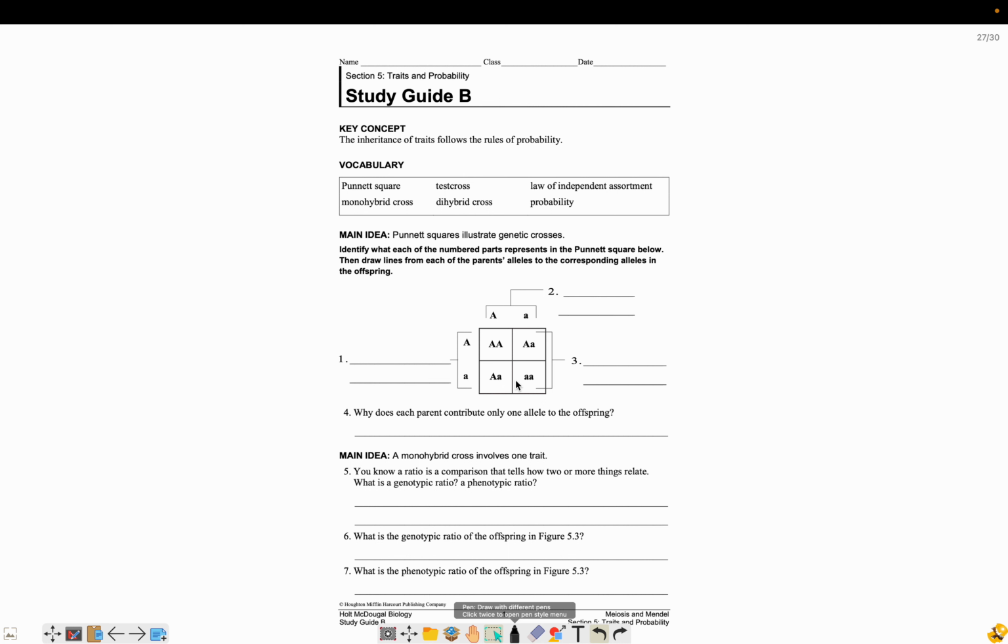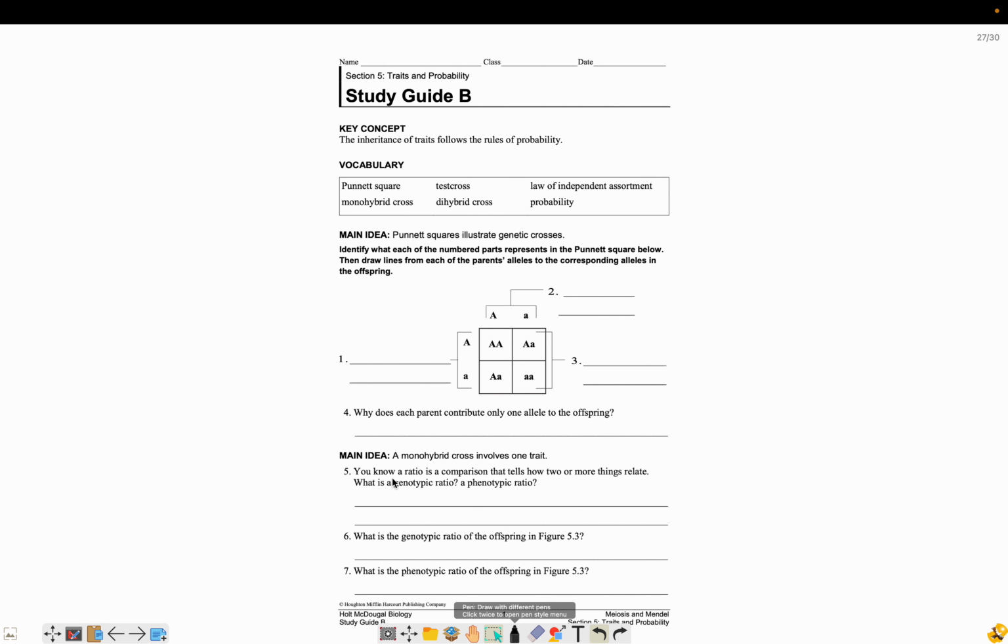So the phenotypic ratio would be 3 out of 4, 75% would have the dominant gene, red fur, while only 1 out of the 4, 25%, had the white fur. So the genotypic ratio is different. You have 25% that is homozygous dominant. You have 50% that's heterozygous, that's these two. And then you have 25% that's homozygous recessive.